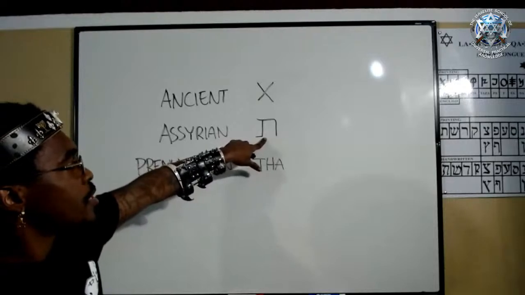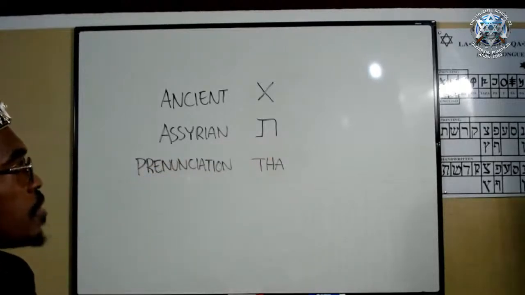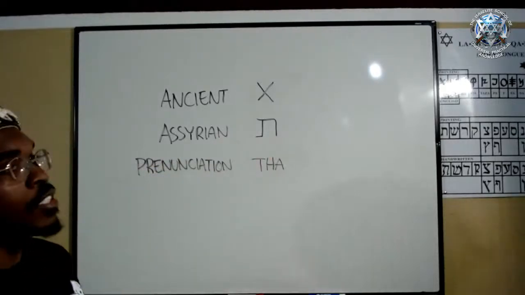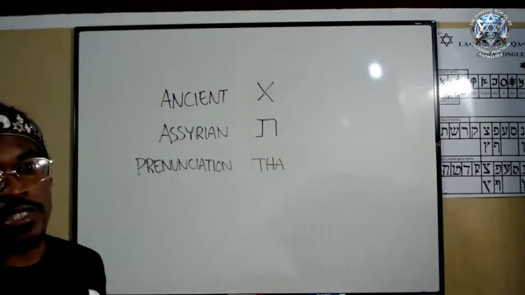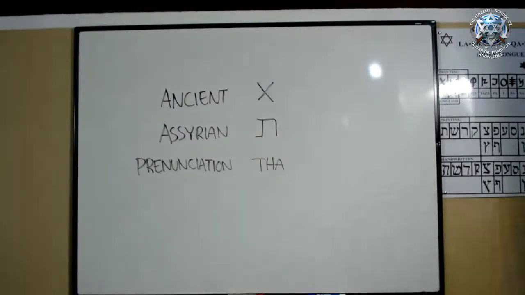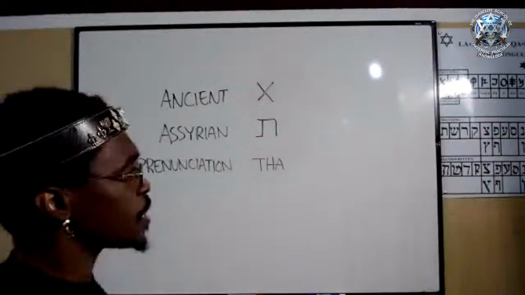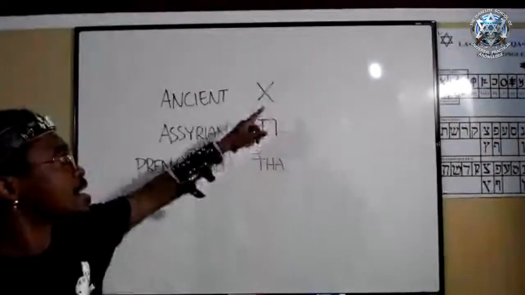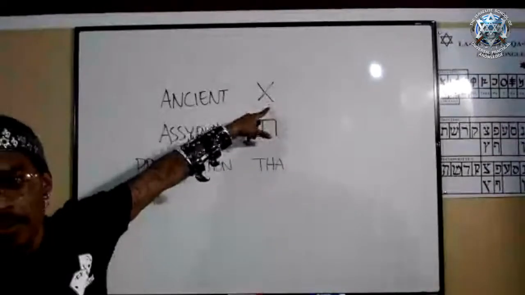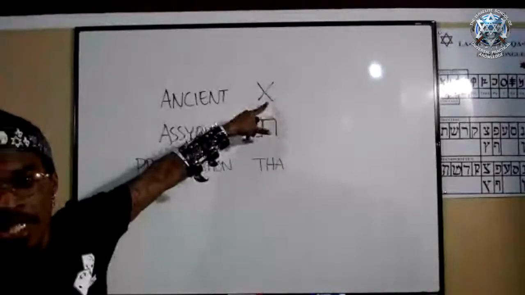This is how it looked afterward, and it changed time and time again over time. So what we did in the I.S.U.P.K is we went back to the ancient, because this is the language that our forefathers read, wrote, and spoke.